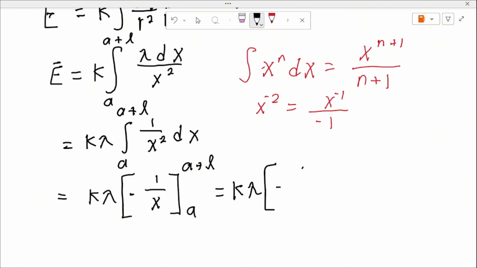So negative 1 over a plus L, subtract negative, which gives us positive 1 over a.